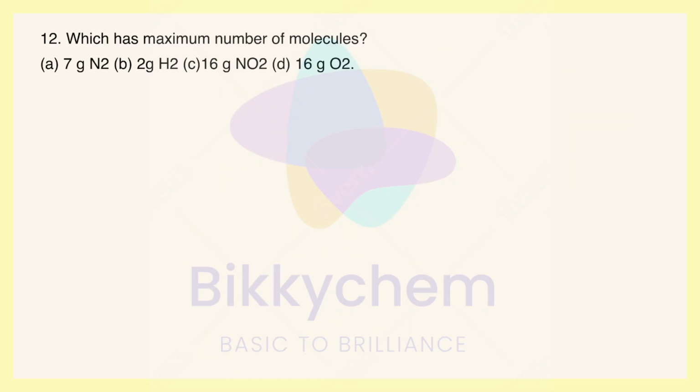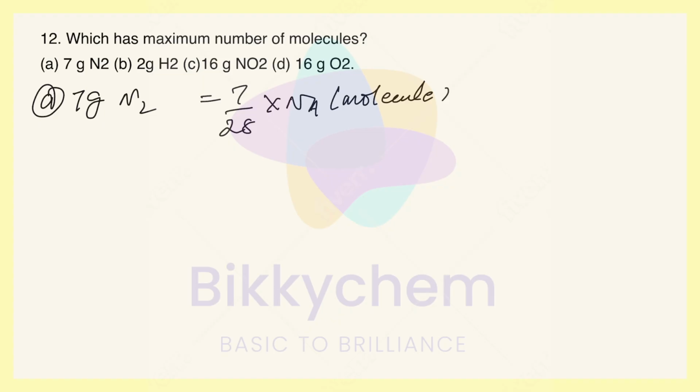Okay, here comes another question. We have already done the same type of questions, but it is given in the mass. Let's say question number 12. A: 7 gram N2, which means 7 by 28 into Na in terms of molecules, which will be 0.25 into Na.